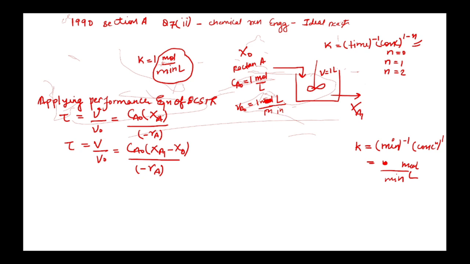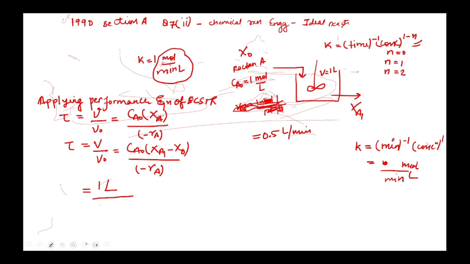Now putting all the values. V upon V naught: volume is 1 liter, and we will write the units as well. Volumetric flow rate is 0.5, sorry, not 1. Volumetric flow rate is 0.5 liter per minute.